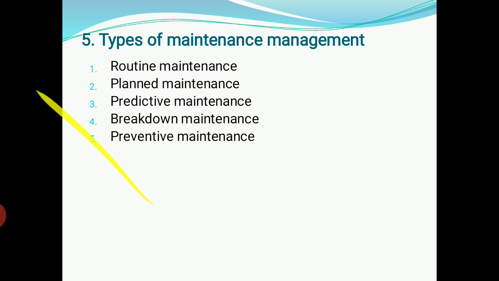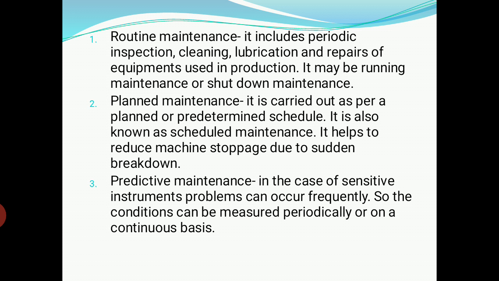Here, when we are moving towards routine maintenance, the name itself tells you it's day-to-day maintenance that takes care of the whole production cycle. It includes periodic inspection. That means from time to time the inspection is taken up, the cleaning is done, and the lubrication and the repairs of the equipment are taken up. It may be running maintenance or shutdown maintenance.